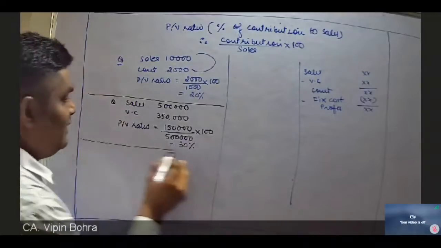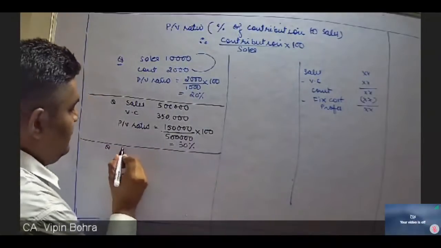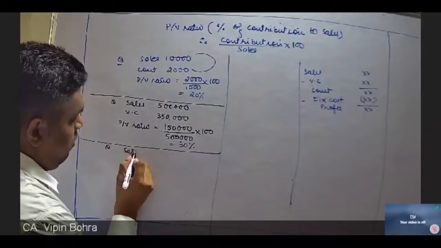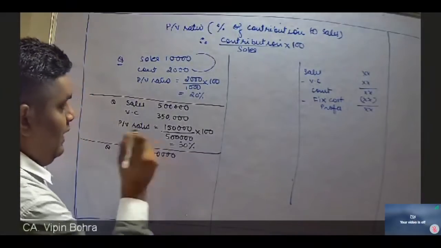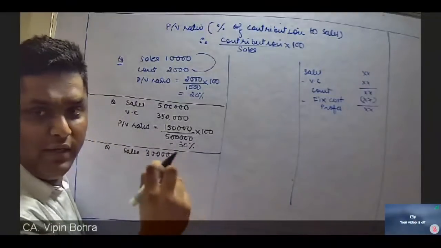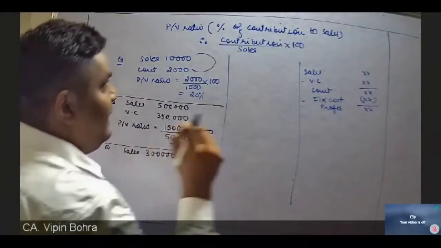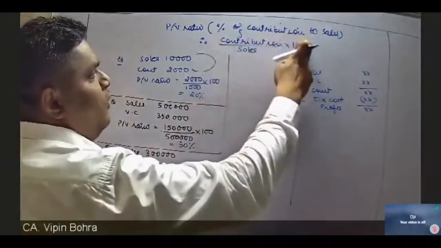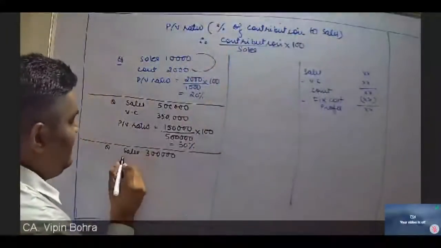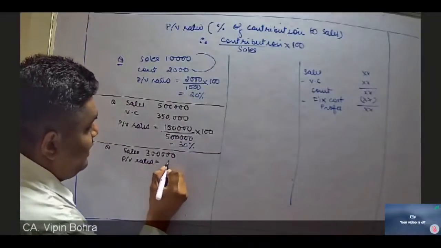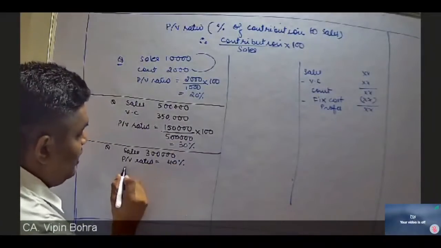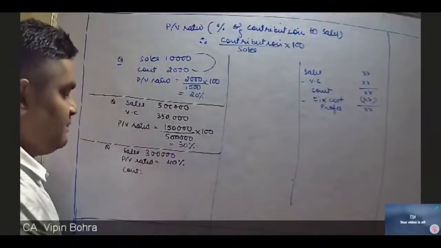Let's take another example. Suppose my sales is say 3 lakh. Now my percentage of contribution to sales, I repeat again, that is my PV ratio, is say 40%. Now what will be my contribution?